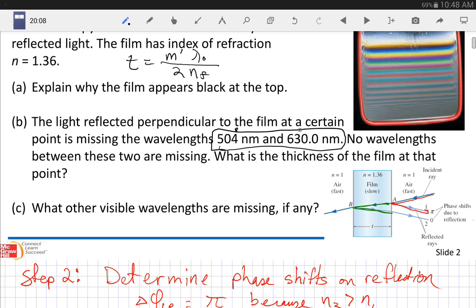These are 2 wavelength sub zeros where we have destructive interference. The thickness is staying the same. So what would we do?